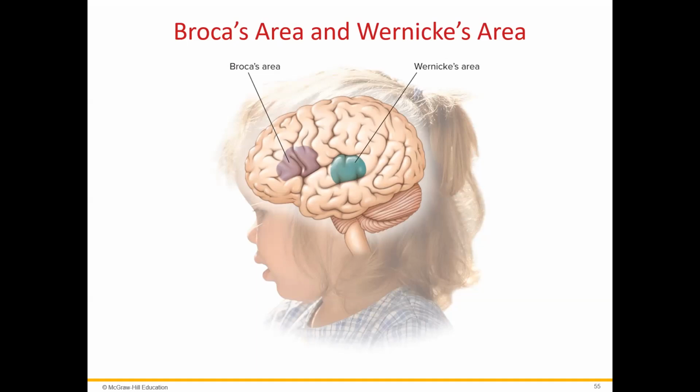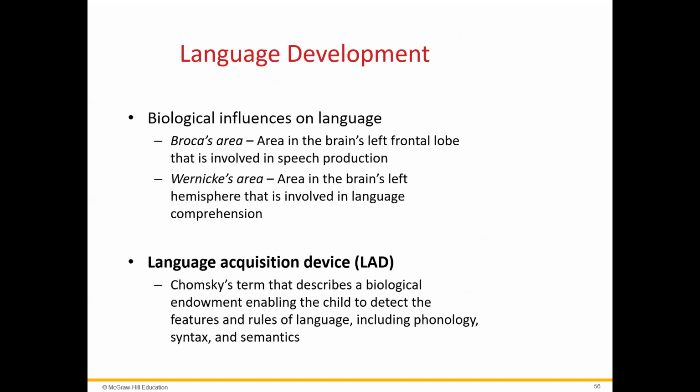Broca's area is closer to the front of my brain, so that's for producing speech. It's like coming out of my mouth. Broca's helps you produce speech. Wernicke's helps you understand, comprehend speech. They do other things too. They're actually more complicated than that, but that's the basic thrust.